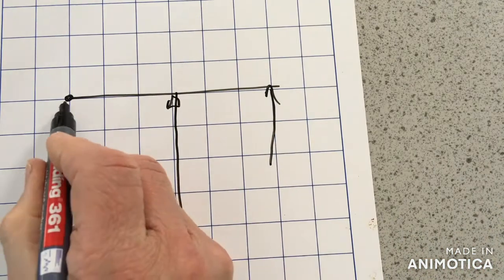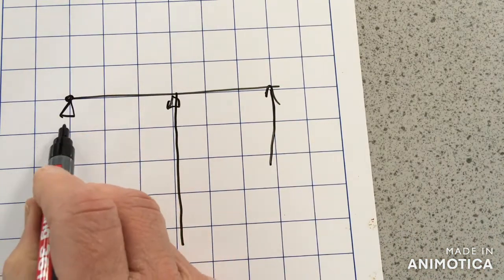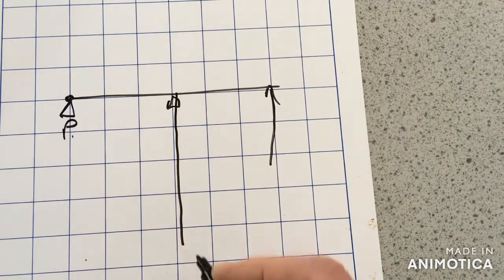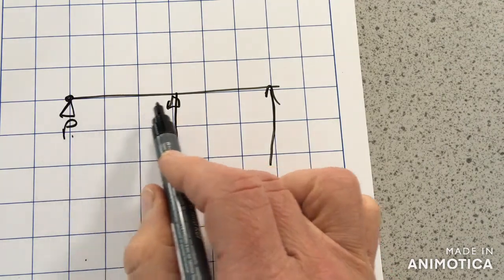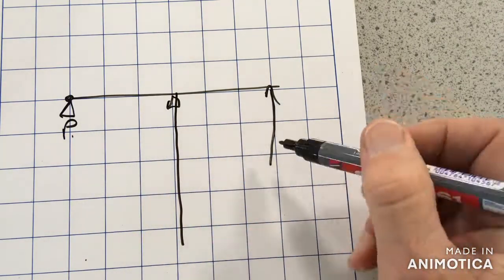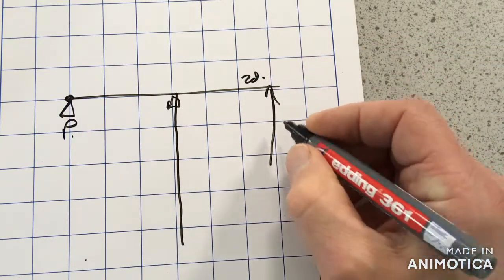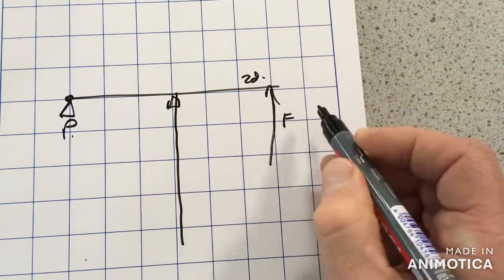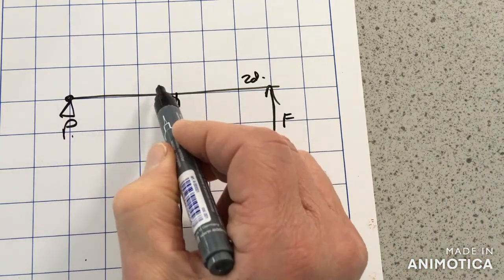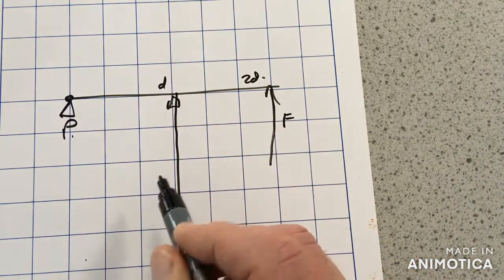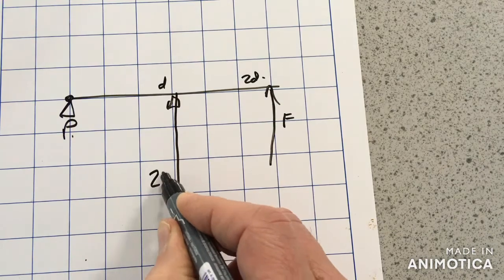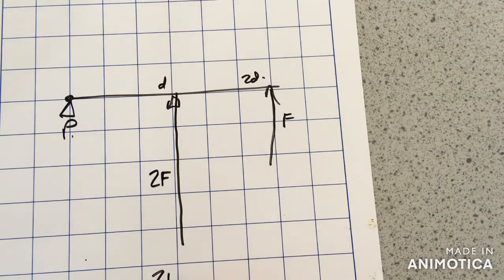So if we have this is our pivot, these are our hinges here, okay? If I had something that is twice as far, then because that is 2D to the pivot, I need a certain size force. But if I'm only going half as far to a distance D, then I will need 2 times the force, because 2FD will equal 2FD.